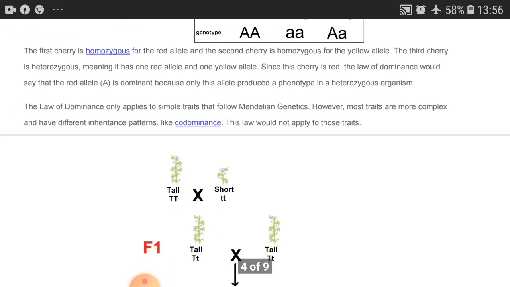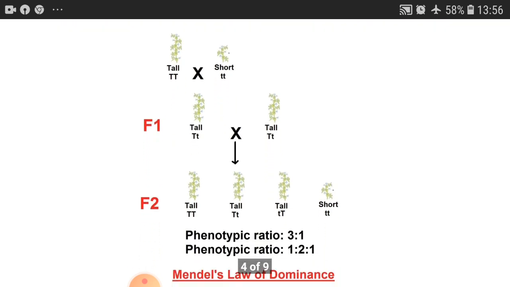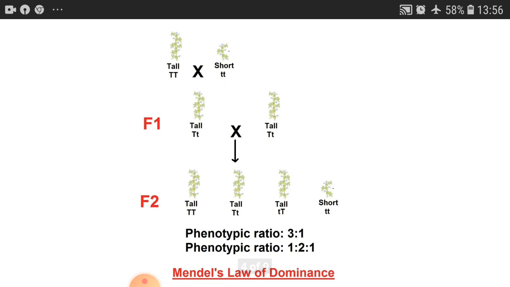So now we come down to Mendel's monohybrid cross. Now what do we understand by monohybrid cross? That is the inheritance of one gene. First, I'll talk to you about it in general. Mendel studied the inheritance of a single character at a time.